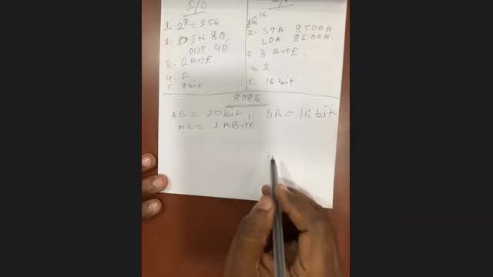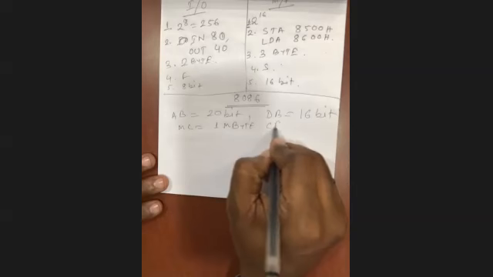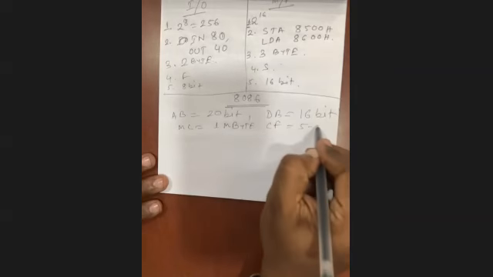So these are the three parameters which we should take care of in a year. And clock frequency 5 to 10 megahertz.